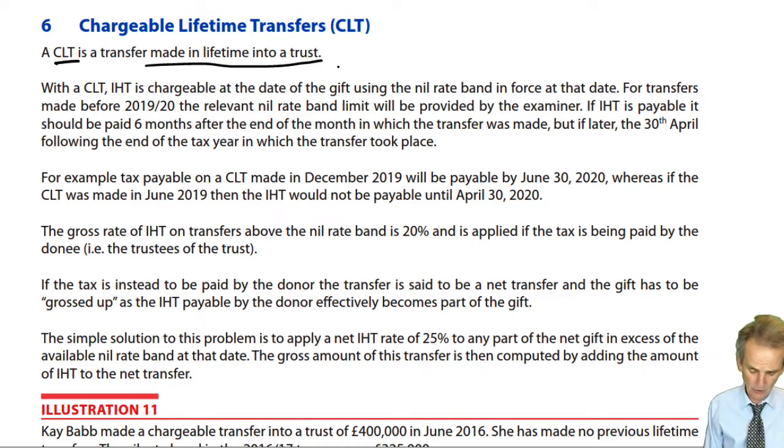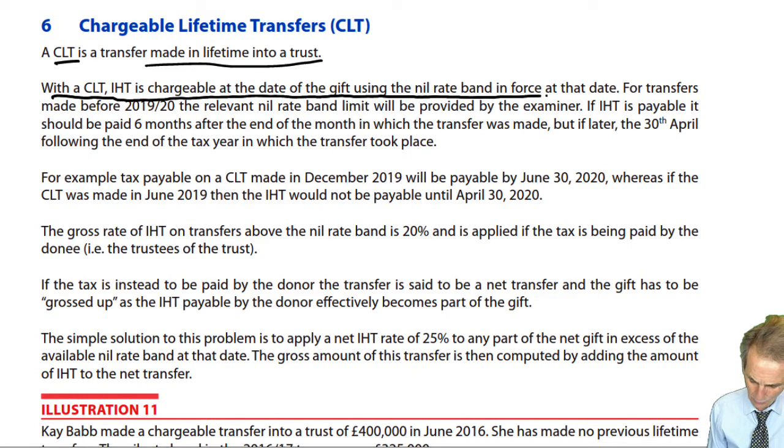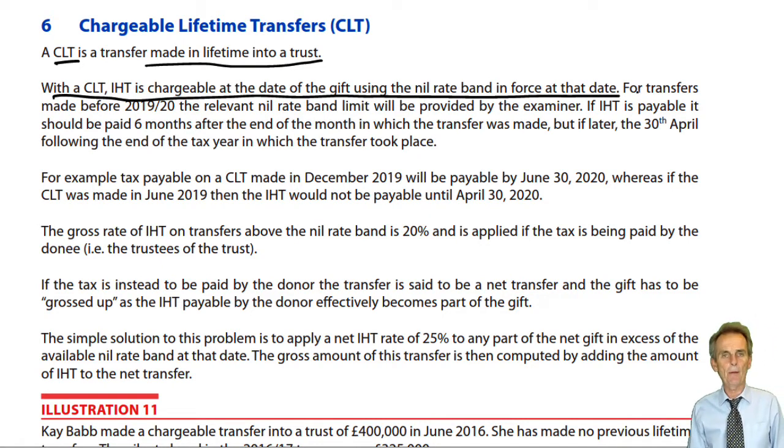We also know that with a CLT, IHT is chargeable at the date of the gift using the nil rate band in force at that date. They are chargeable when made.